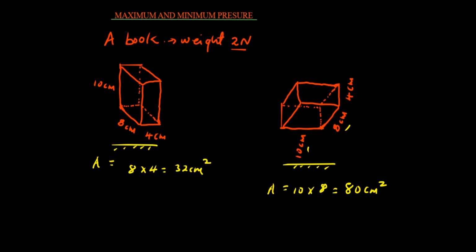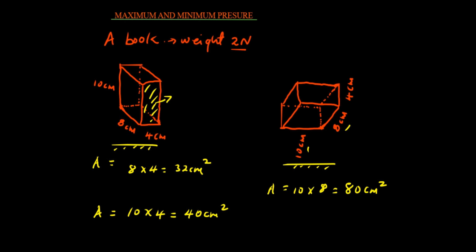When this face is the one facing the table, this will be the result. The whole book resting on the face where 10 by 4 is facing the table will have an area of 40 square centimeters.